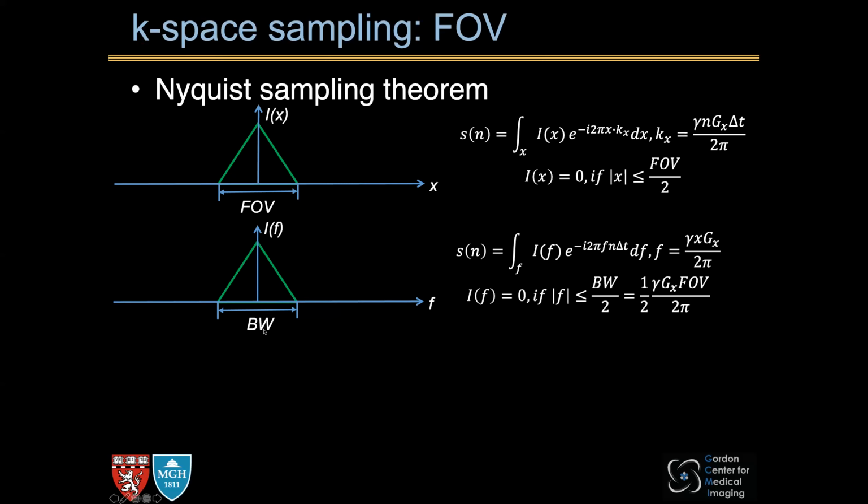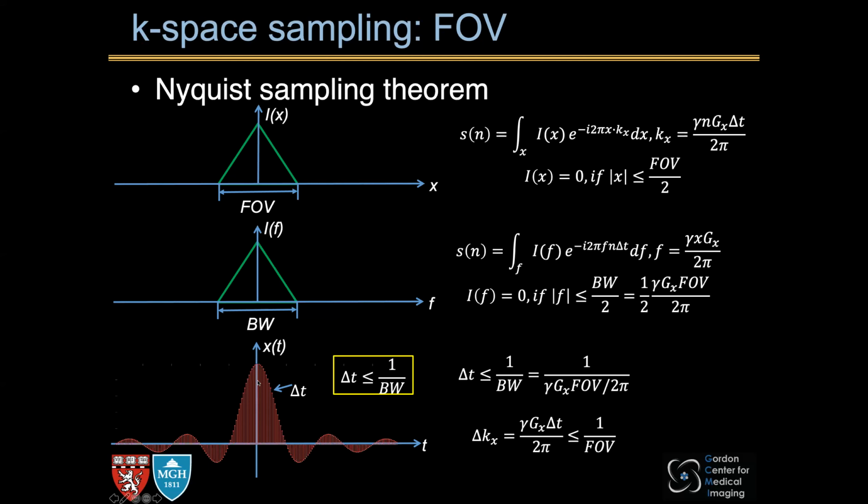Now the spatial support of the image object, or the field of view, is translated to the bandwidth of this frequency distribution, which is given by the field of view and the applied gradient strength. Then when we sample this data in the frequency encoding direction, we just need to determine the sampling period, which is given by the Nyquist sampling theorem, 1 over the bandwidth of the signal.